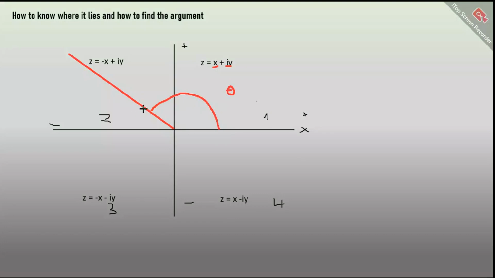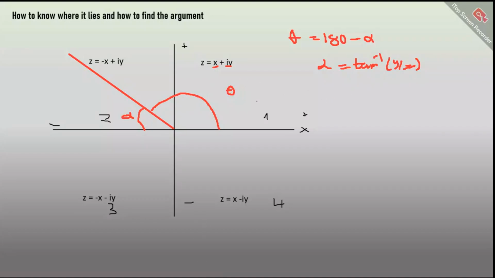First of all, you find this angle here, and that is alpha. So theta is going to be equal to 180 minus alpha. And don't forget, alpha is equal to tan inverse of y divided by x.